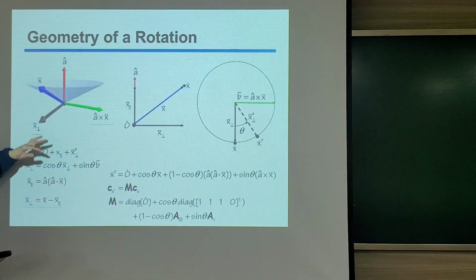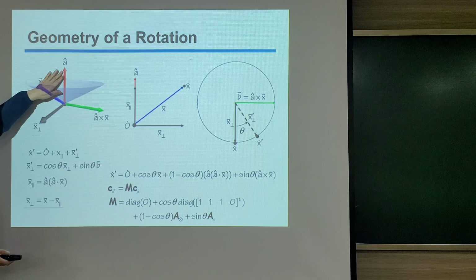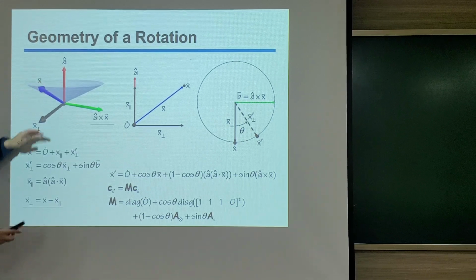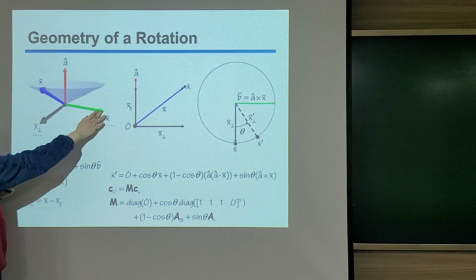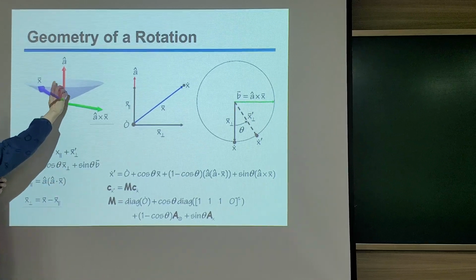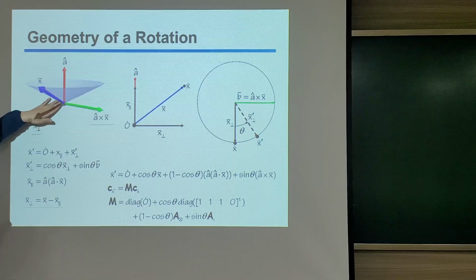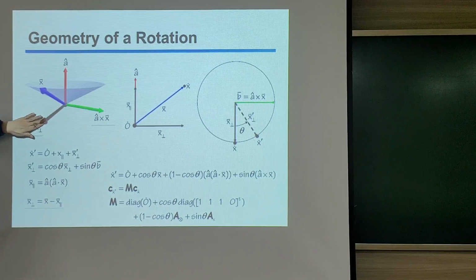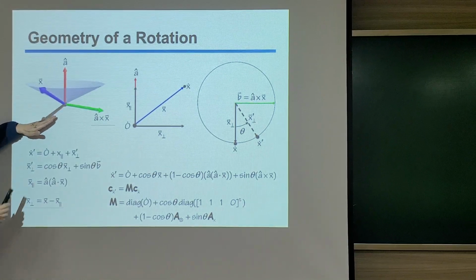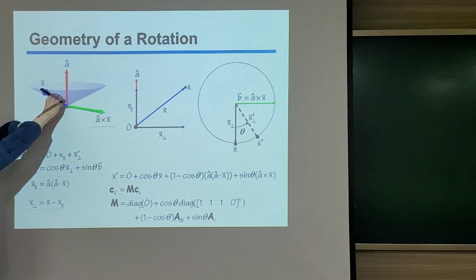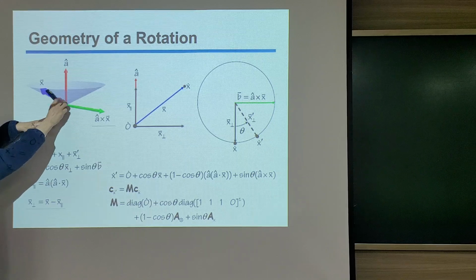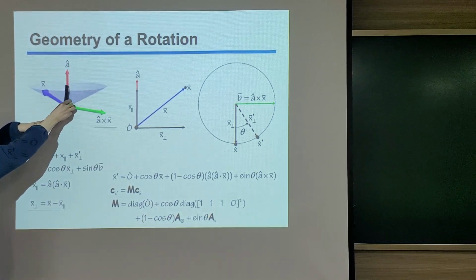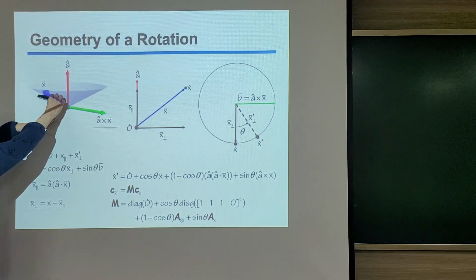Given the rotation vector a and the input vector x, we compute this vector by taking the cross product between a and x. How can we compute this other one? We flatten the x vector by taking out the corresponding component of x along a. If we take out this part, the vector is flattened to there.